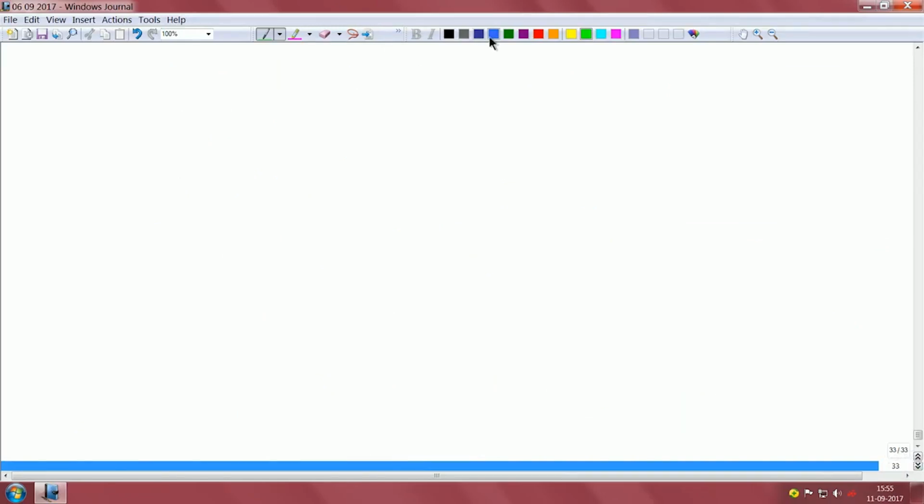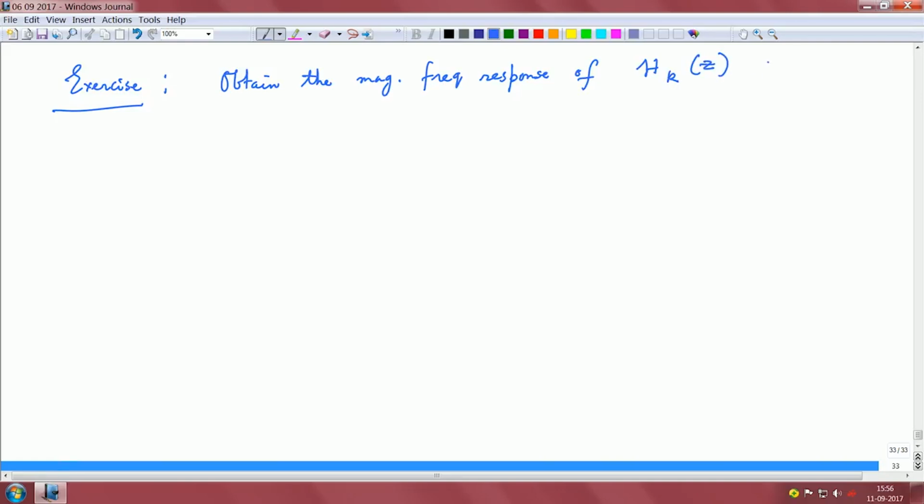So with this I give you a simple exercise, which is for your homework. Obtain the magnitude frequency response of H k of Z, and plot them.